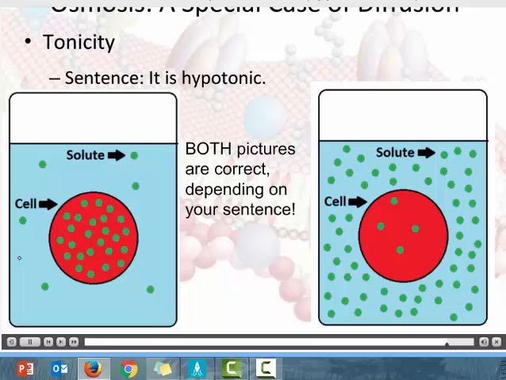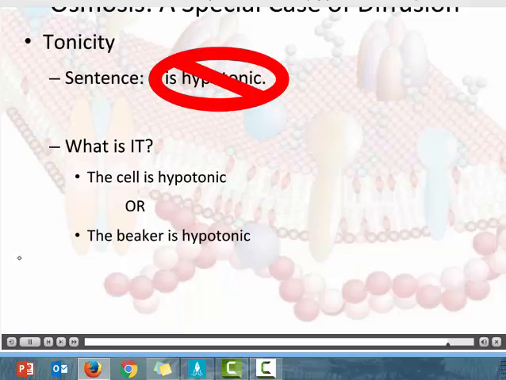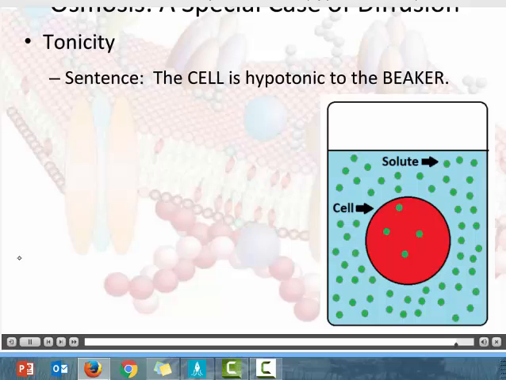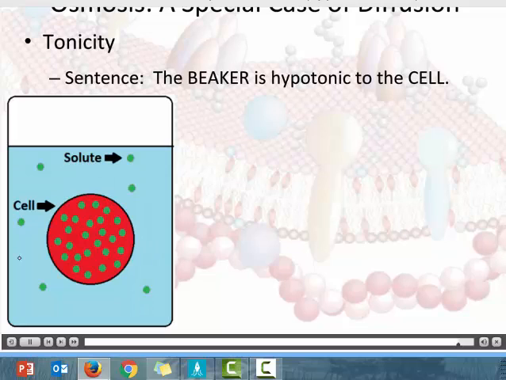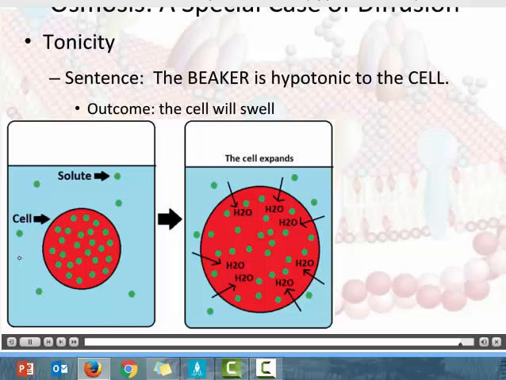The cell is hypotonic, or the beaker is hypotonic, and then you need to finish the sentence to the blank. Okay, because if your cell is hypotonic to the beaker, the cell will shrink. If the beaker is hypotonic to the cell, it will swell. Okay, so what happens to that cell is dependent on how you use your vocabulary.